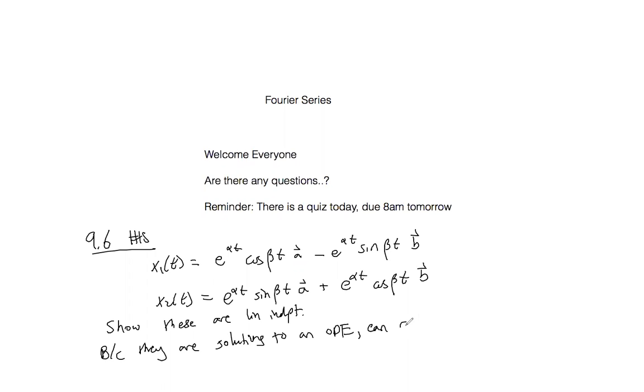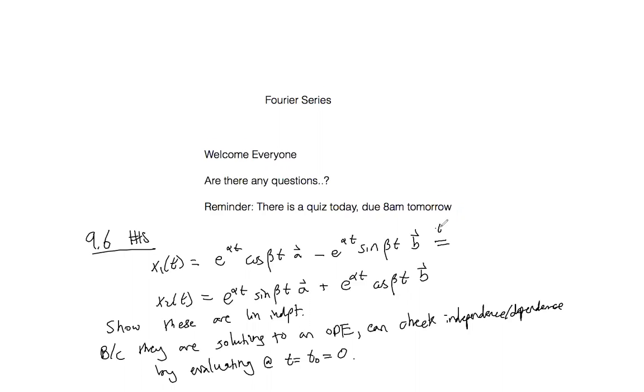We can check independence/dependence by evaluating it at a certain value of t, t naught. I think that might make it a little easier. We can make this just equal to 0, for example. Maybe let's try doing that.